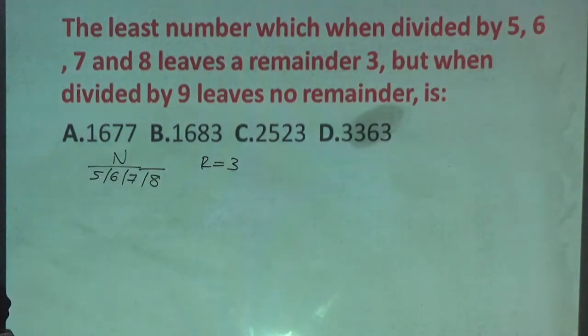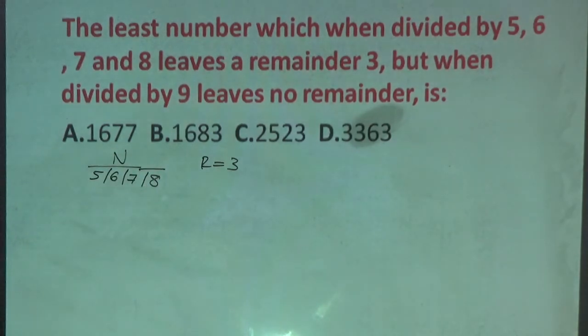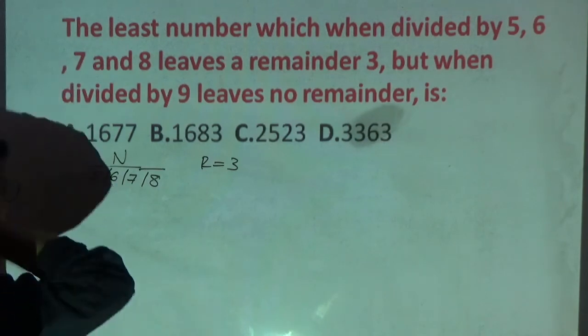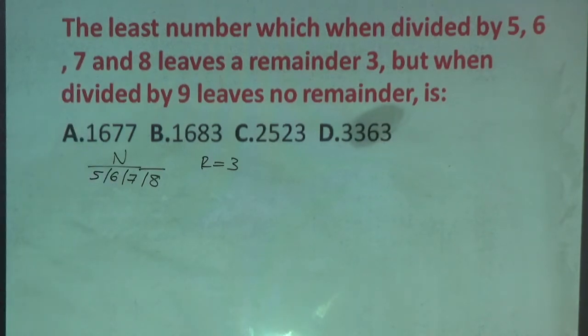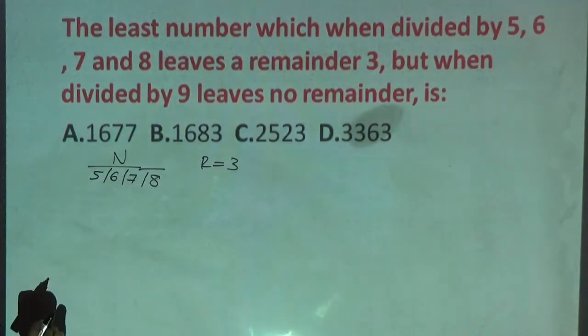But when it is divided by 9, instead of all these numbers, there is no remainder, that means it is exactly divisible. Okay, now first let me find out this n. Please observe here. The number that I want is in the numerator. That means I want to find out the LCM. And this remainder means after finding the LCM, we have to add that remainder.